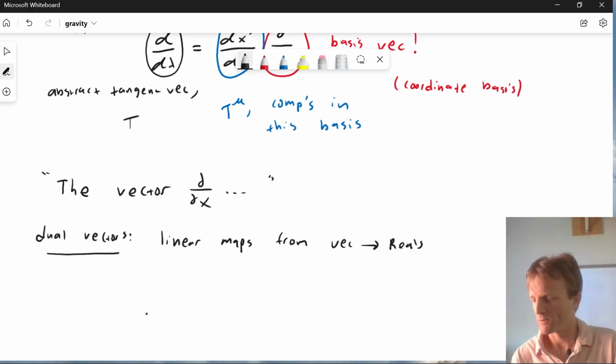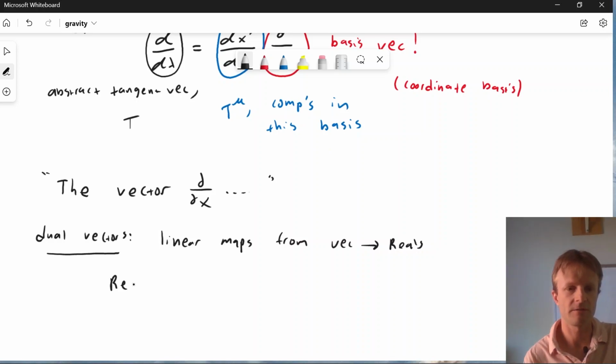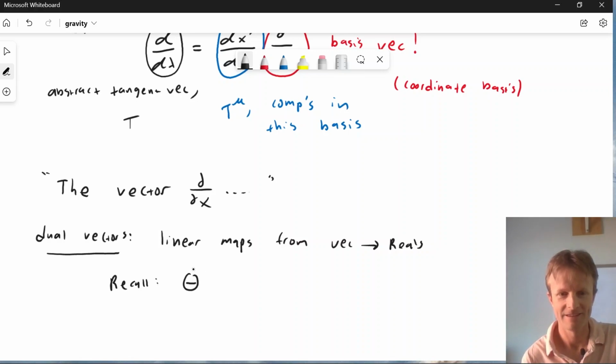And remember, we got a basis of one forms from the basis of vectors by the equation theta hat upper mu, our basis labeled by mu for one forms, acting on E hat lower nu is equal to delta mu nu.